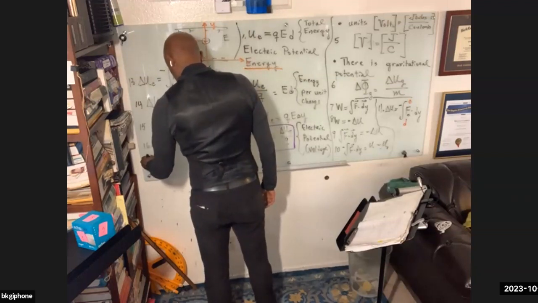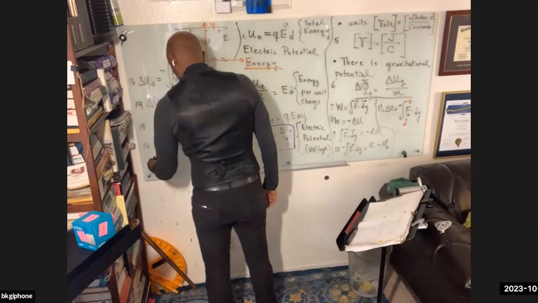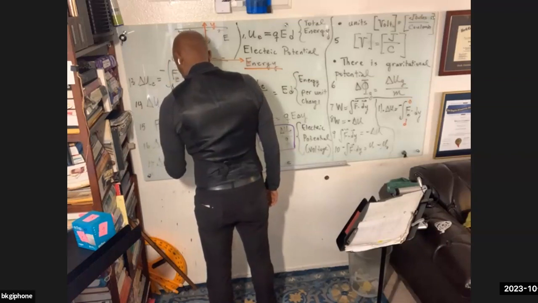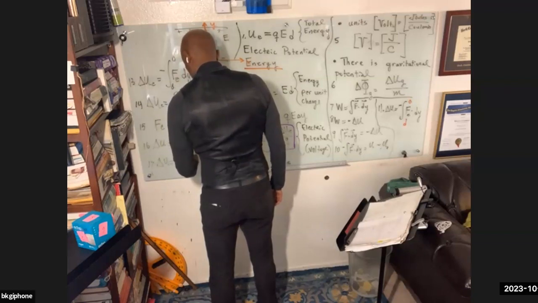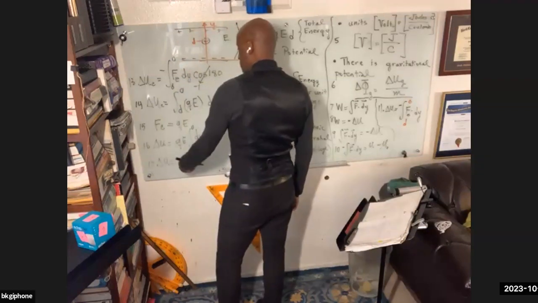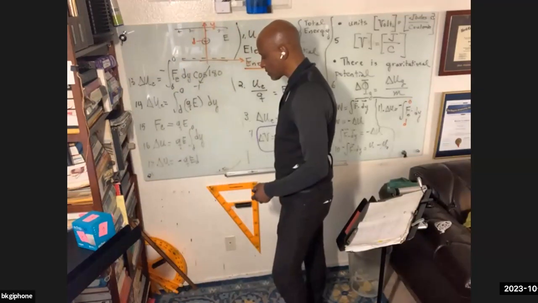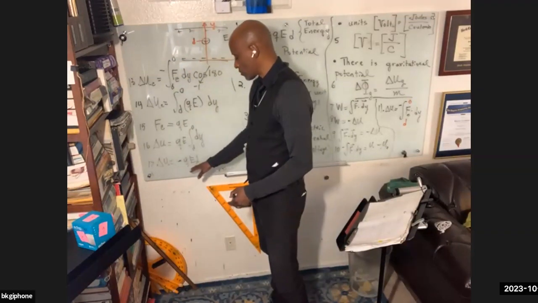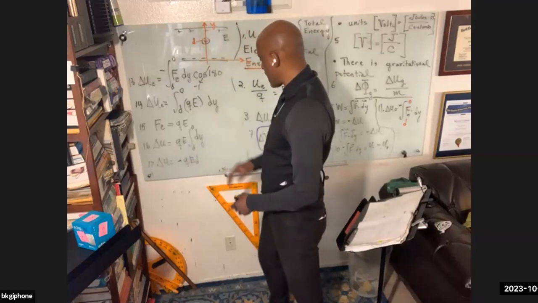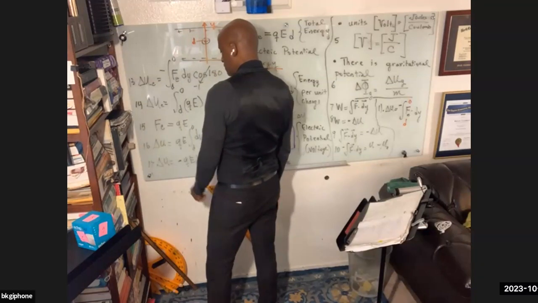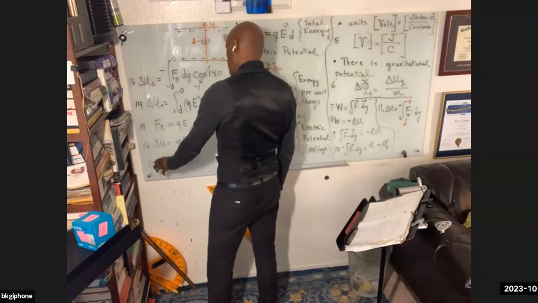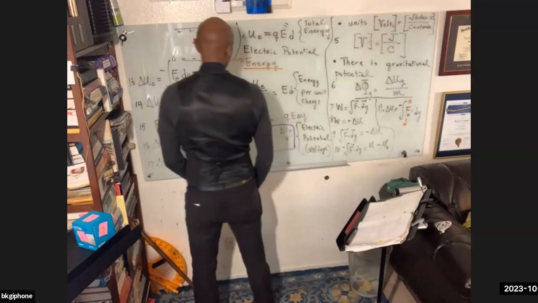So we have that delta U is equal to negative Q E D. Now that's cool. So that gives you the relationship between potential energy. We've already done that. But now that I have this definition, I can define a relationship between the voltage and the electric field.